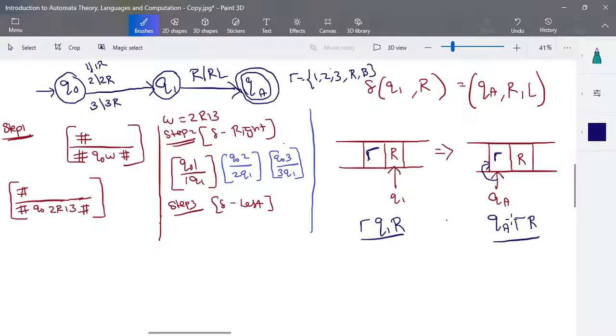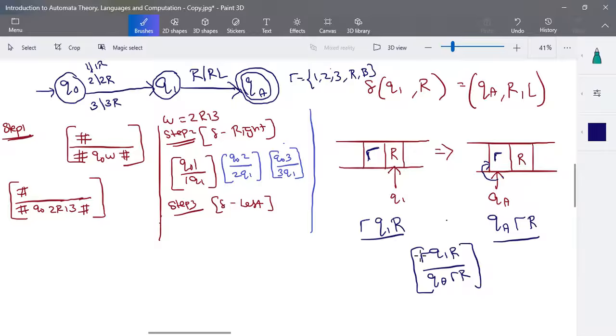Here your tape element comes in between. We cannot ignore this case. For all possible tape elements, you have to rewrite this domino. The tape element might be either 1 or 2 or 3 or R or blank. So for all possible tape elements, you have to rewrite this transition by including the tape element in this place.